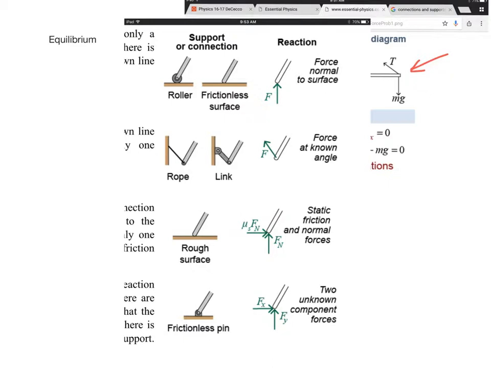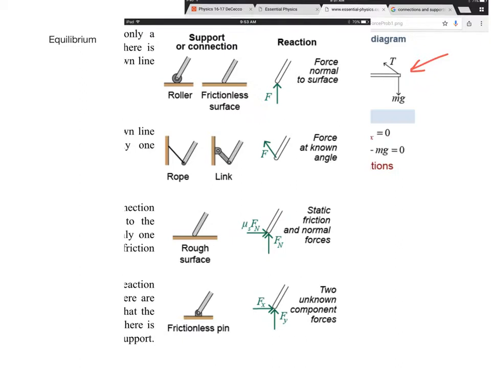If there is a rough surface, you can see here, again, the normal force has to be normal to the surface, and then we have to reason out what direction it would slide if there was no friction. So if it's not sliding, you have to reason out that the friction is going to be opposite the direction of its tendency to slide. And you can see that there is now an X and a Y component that would have a net along the length of that beam or whatever that is.